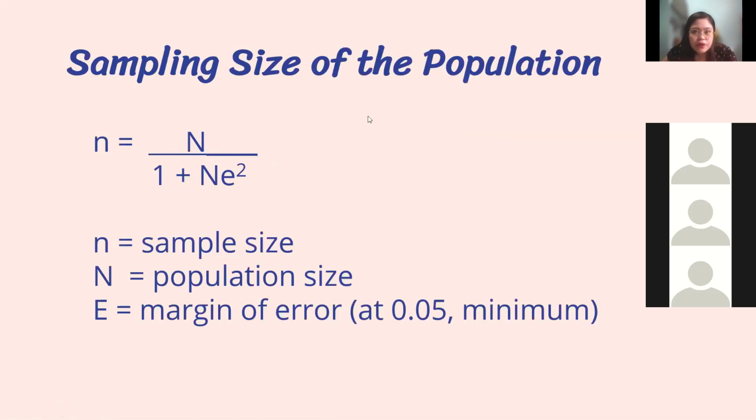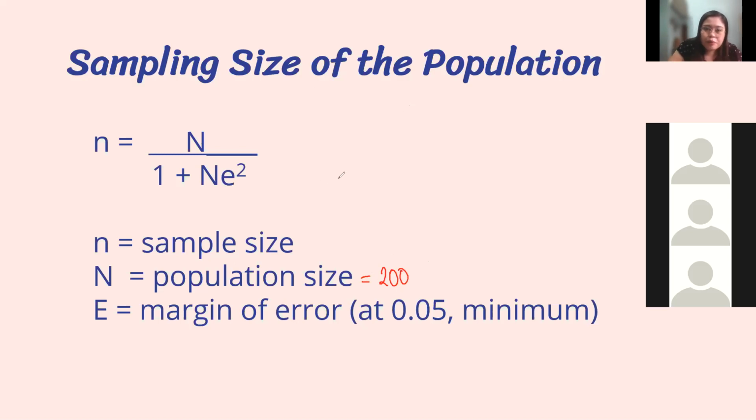Okay? So in calculating, for example, let me write on the screen. Example, the graduates of GSD MSFI are 200 in total, and you need the sample size out of the 200. Even though it is only 200, we still need to get the sample size because we don't really do population testing in research.